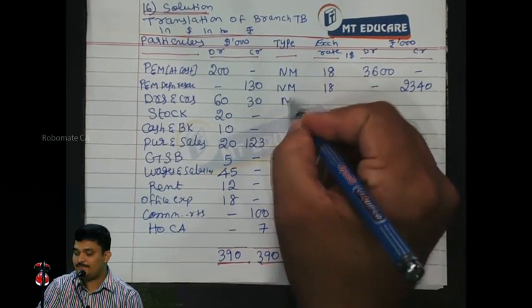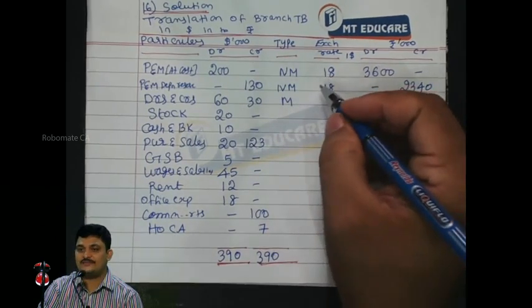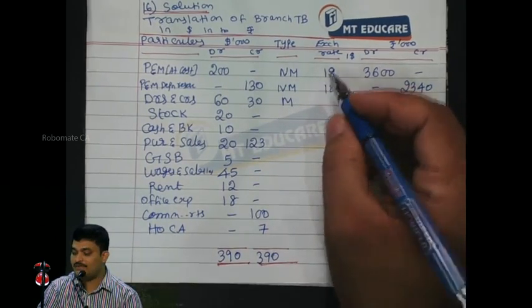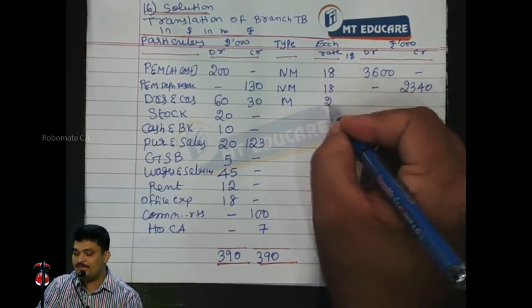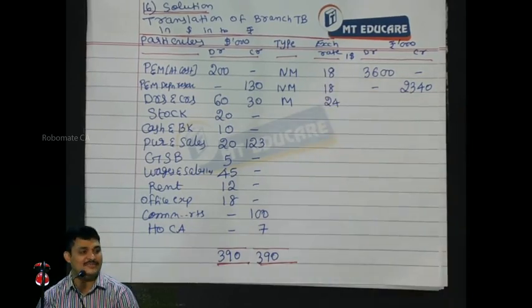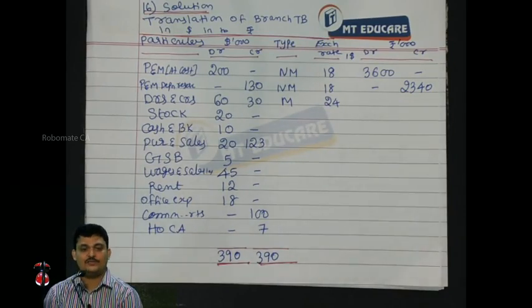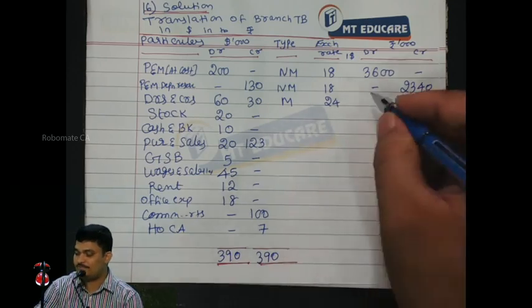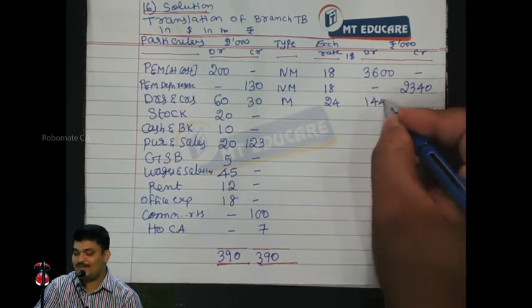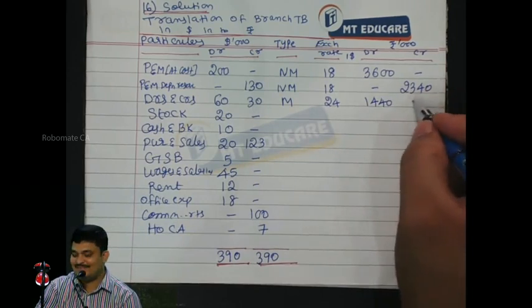Monetary items, thereby closing rates. Everybody, closing rate is how much? 24. Do you follow the discussion, friends? Yes, debtors and creditors are monetary items. So for monetary items, we will use the closing rate of 24. 1,440 and 720.